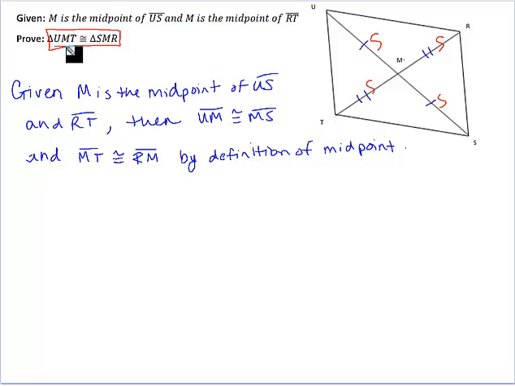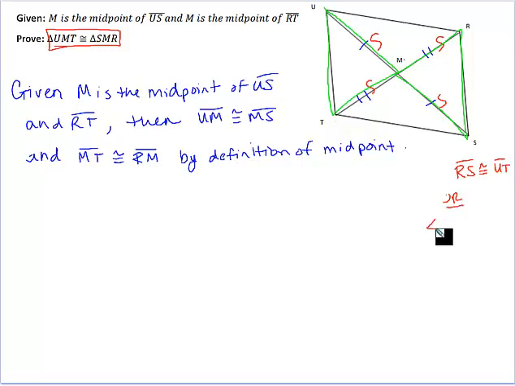So we want to prove that triangle UMT, so I'll highlight that in green, is congruent to triangle SMR. Okay? So that means in order to prove that, we either need to show the third sides are congruent, so RS and UT are, or we need to show that the included angle is.